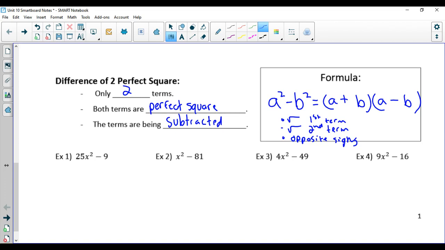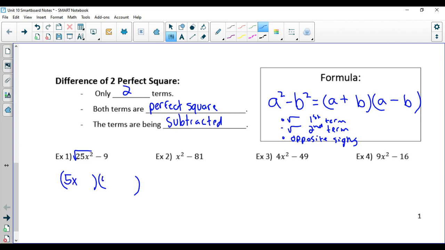So we do always want to look for a GCF first. There is no GCF in 25x squared minus 9. And if we go through our flow chart, there's two terms. Look here, they're being subtracted, and they're both perfect squares. 25 is a perfect square, so is x squared, so is 9. So we're going to make our two sets of parentheses. Take the square root of 25x squared, which is going to be what? 5x.